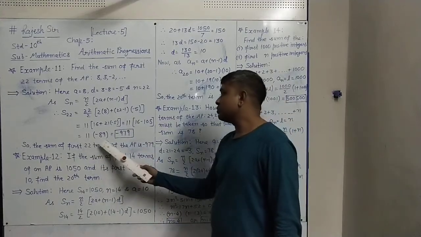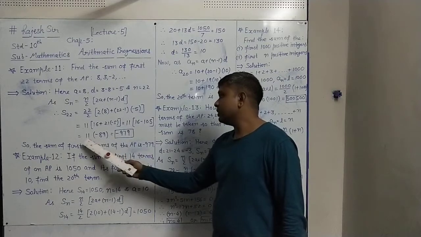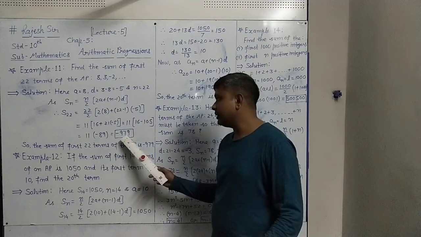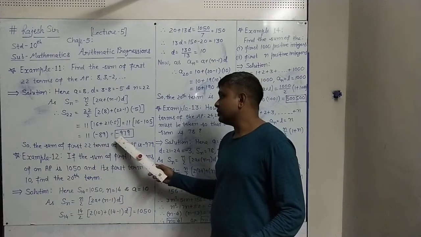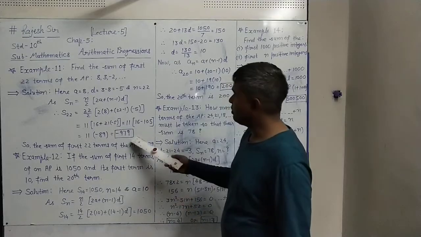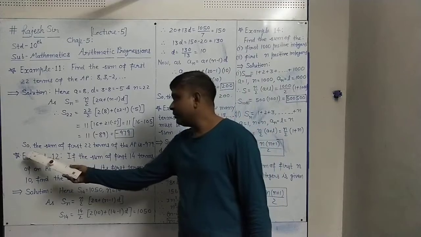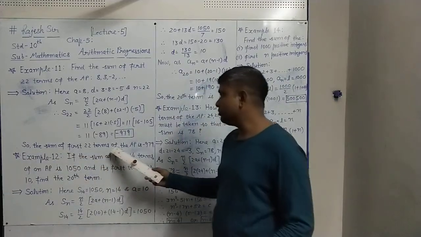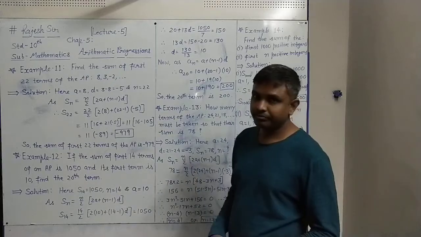Now multiply these two: 11 into minus 89, 11 nines are 99, 9 carry forward, 11 eights are 88 and 9 is 97. So totally minus 979. The sum of the first 22 terms of this given AP is minus 979.